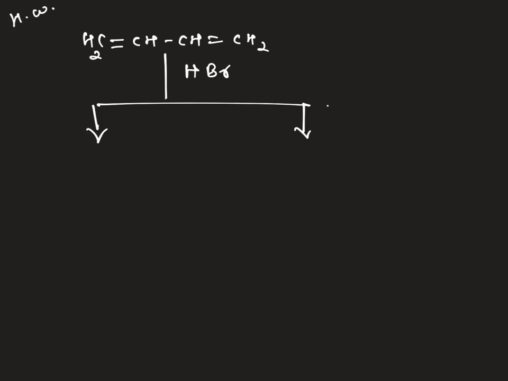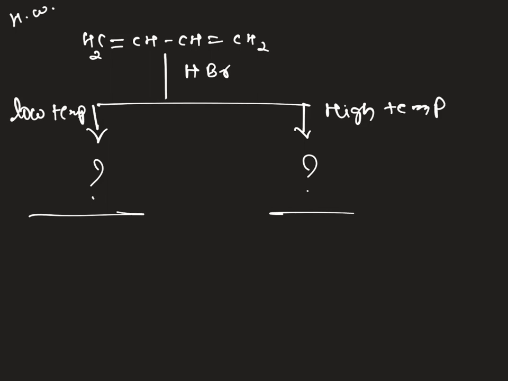The first one is high temperature, and here I am taking low temperature. So what is the possible product in these 2 cases? And you write which is major and which is minor in these 2 cases.